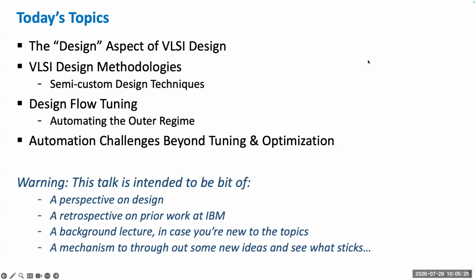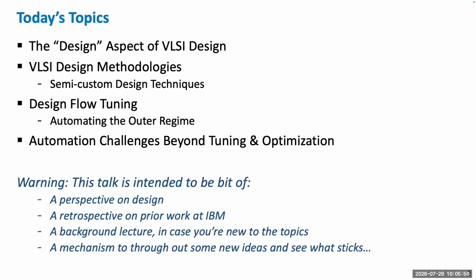Here's an overview. So I'll start off with talking about the design aspect of VLSI design. Maybe get a little abstract here, but then I'll bring it in and then I'll talk about previous and modern VLSI design methodologies with a focus on some of these semi-custom techniques of a little time past and how they're relevant today.